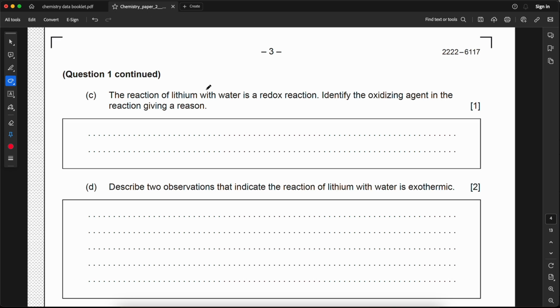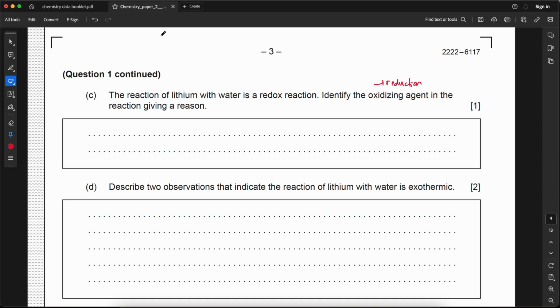The reaction of lithium with water is a redox reaction. Identify the oxidizing agent in the reaction, giving a reason. Oxidizing agent, that's always the opposite. If it's an oxidizing agent, that will be reduction. If it's a reducing agent, that would be oxidation. So I will just write here, this is the one that experienced reduction.